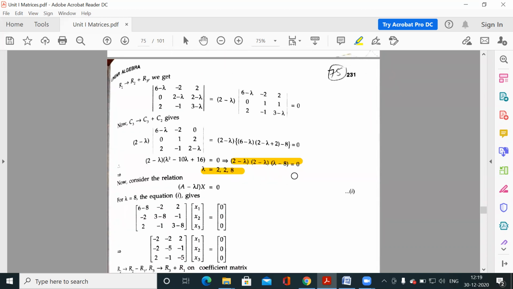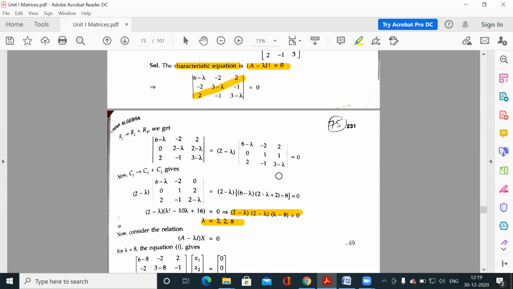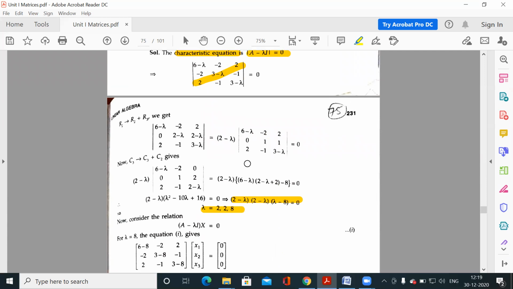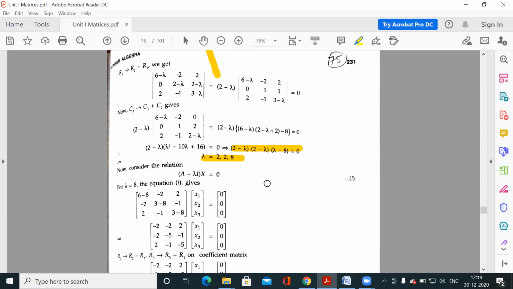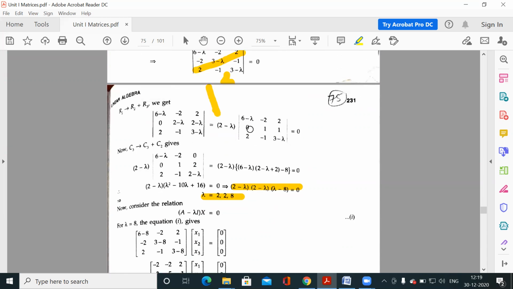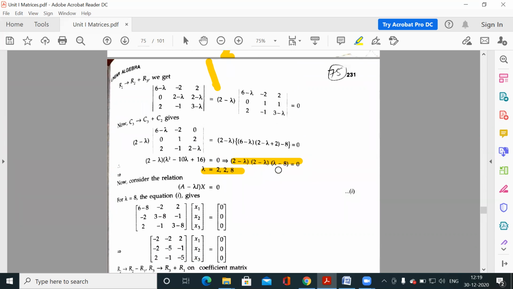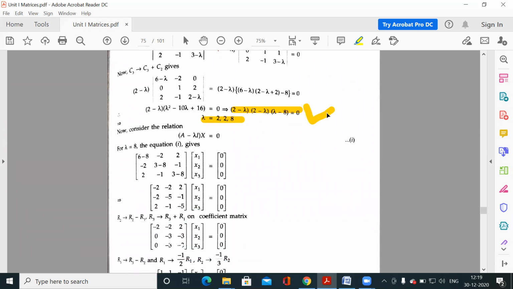So you will get the same equation. So you have two options: either you solve this determinant or directly write that equation: lambda cube minus trace of A lambda square plus sum of cofactors A11, A22, A33 lambda minus determinant of A is equal to 0. So it will save your time. So this is your characteristic equation.